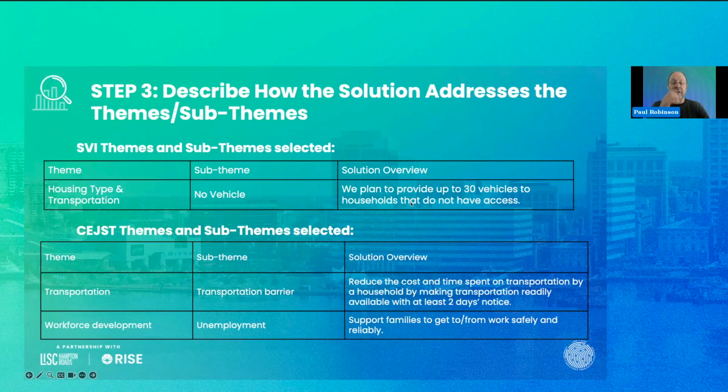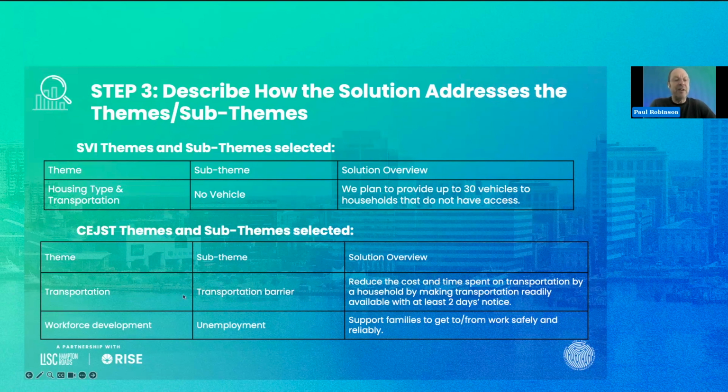Here's an example for the one that we're considering, where we plan to provide up to 30 vehicles to households that do not have access. You want to bring in a number of vehicles and give them access. So it'll address that SVI theme and sub-theme on the CEJST.